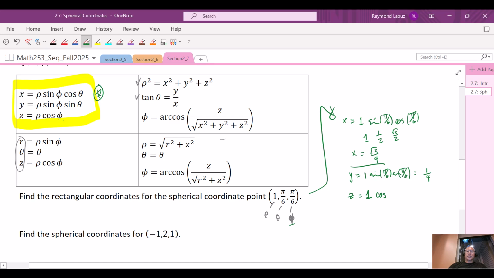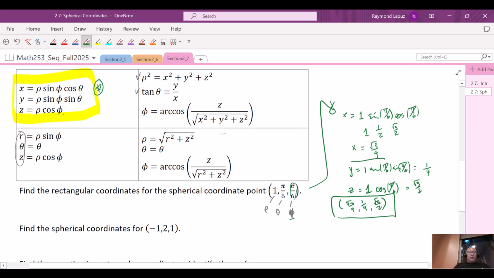And phi is this last number, so that's pi over 6, and that happens to be root 3 over 2. And so now we have the point root 3 over 4, 1/4, root 3 over 2. Okay, so that's your rectangular coordinates.